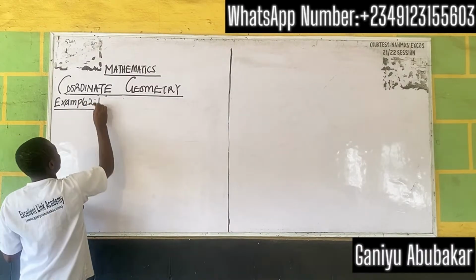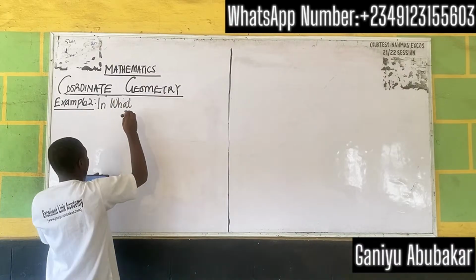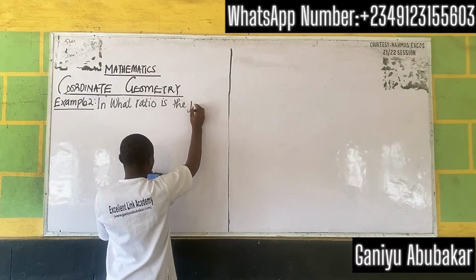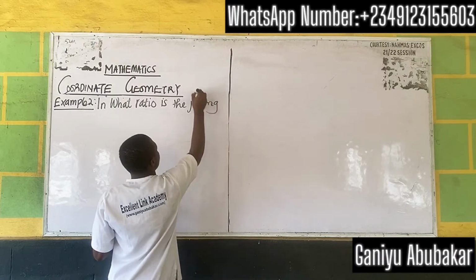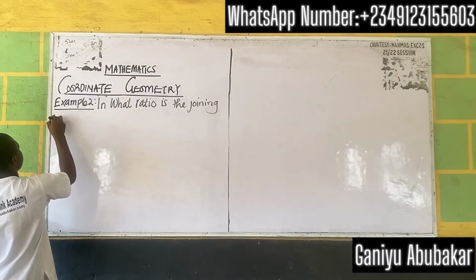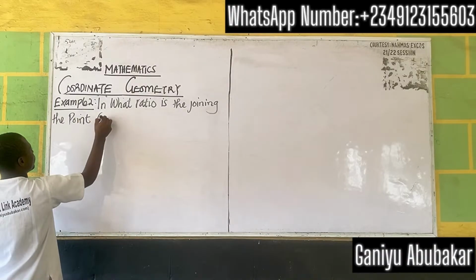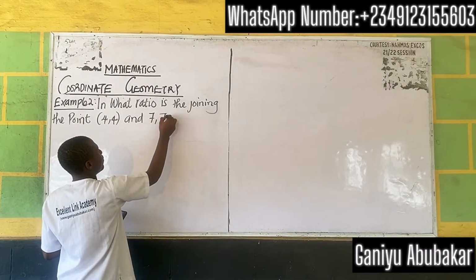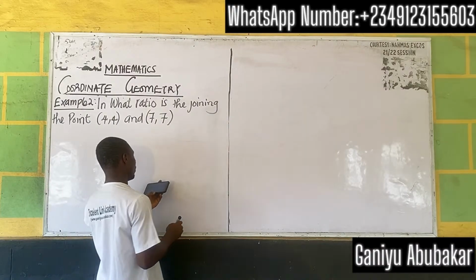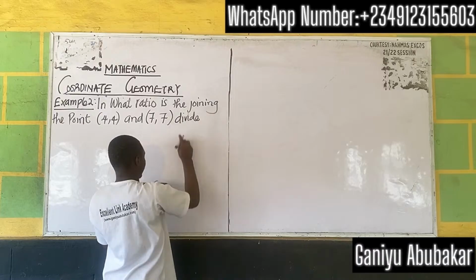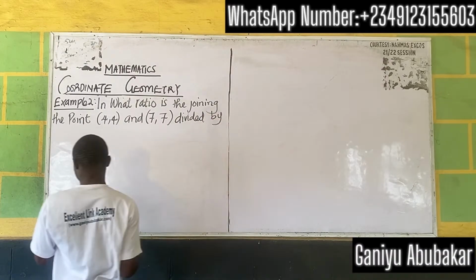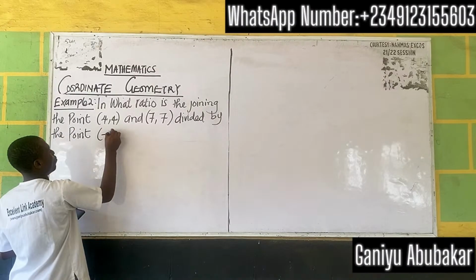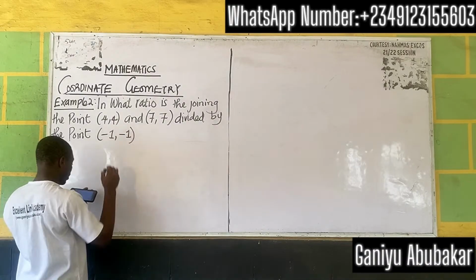It says, in what ratio is the line joining the point 4 comma 4 and 7 comma 7 divided by the point negative 1 comma negative 1? It says internally.